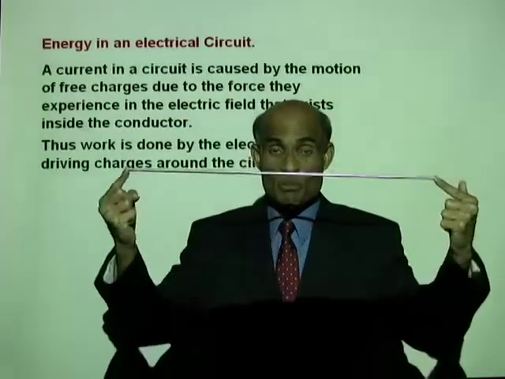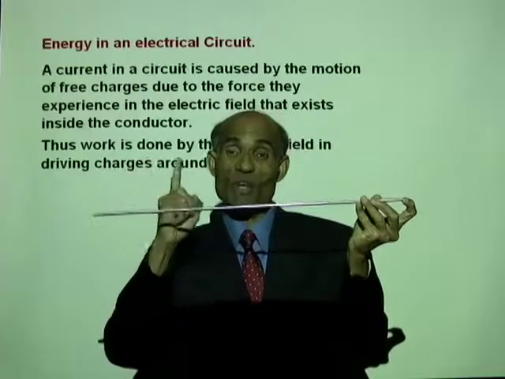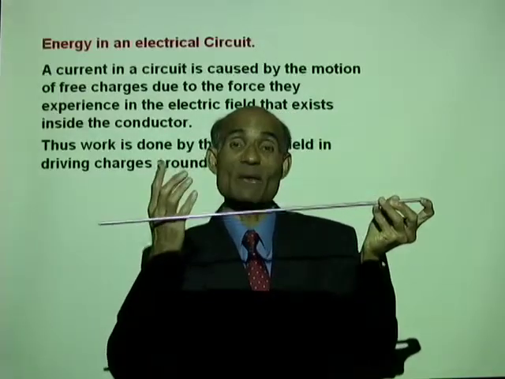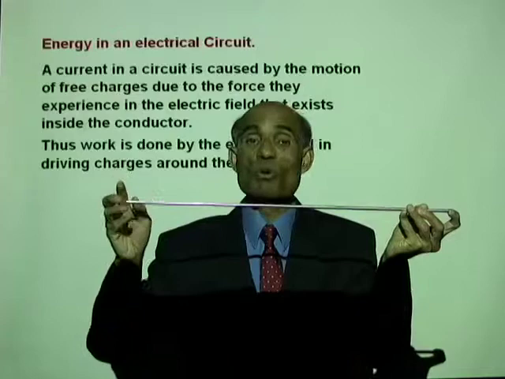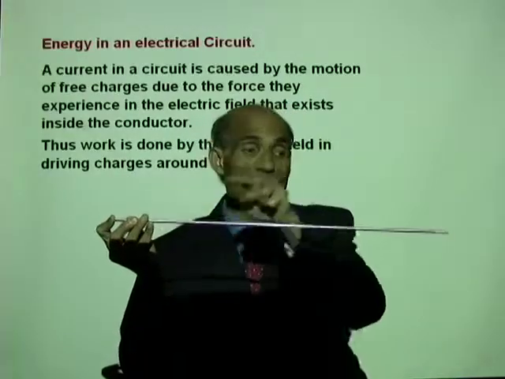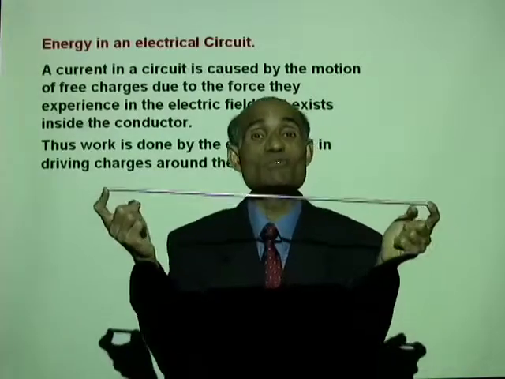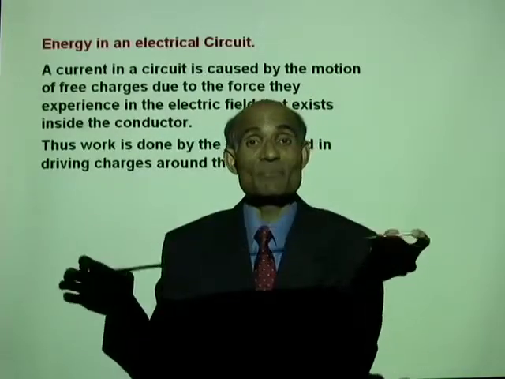If I say the potential difference between the ends of this conductor is 1 volt, what does that mean? It means to move 1 coulomb of charge from one end to the other, the work done is 1 joule. That is the meaning.